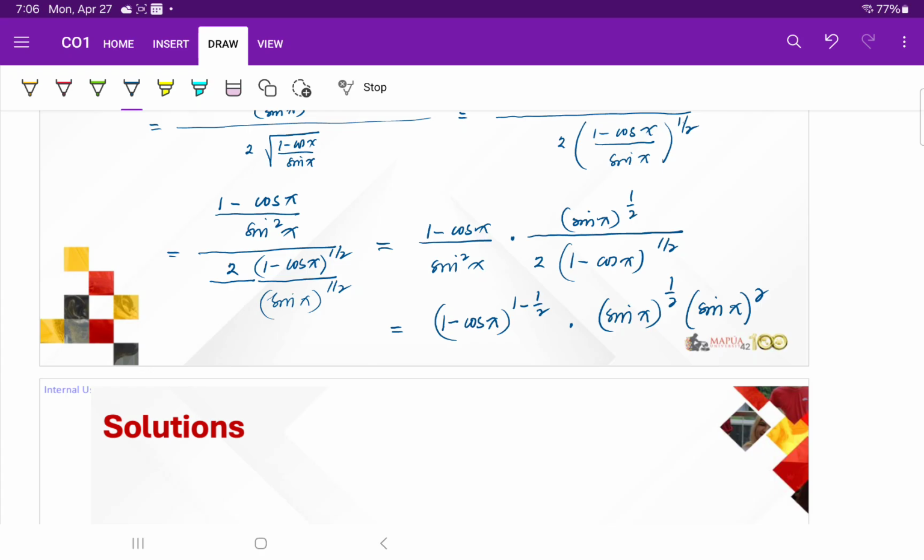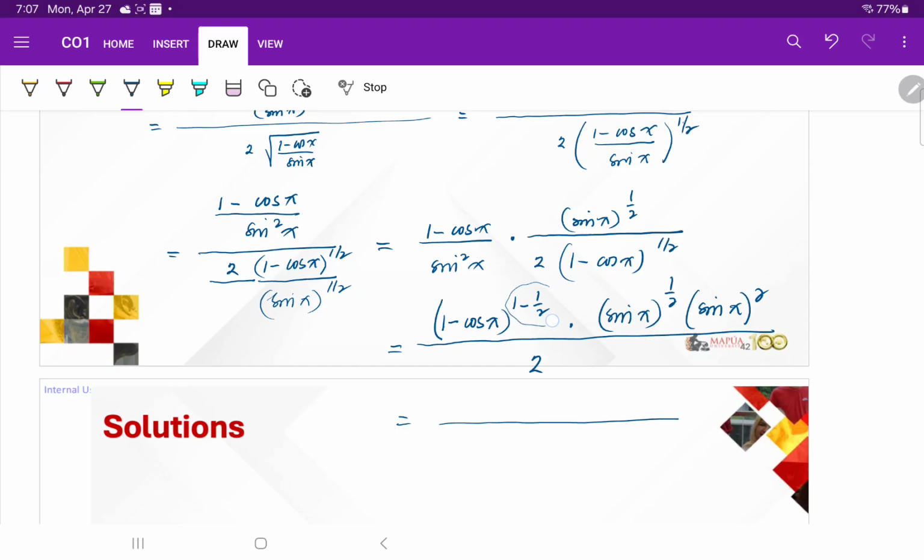Then 2 should be in the denominator, so divide this by 2, because 2 is left in the denominator.